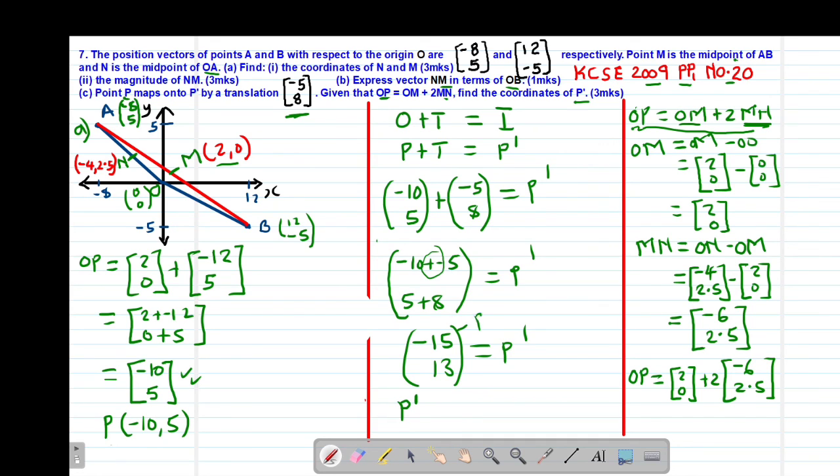This one is a position vector, which can be written as OP prime. So the coordinates of P prime will actually be negative 15, comma positive 13. Whenever you are told to find the coordinates, they must be expressed in horizontal form.